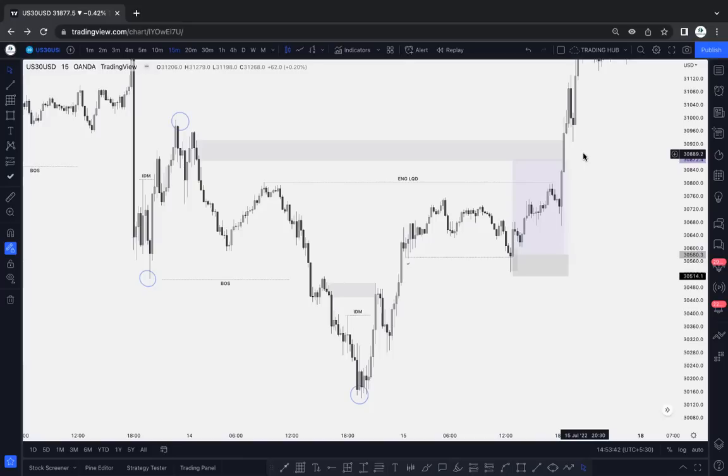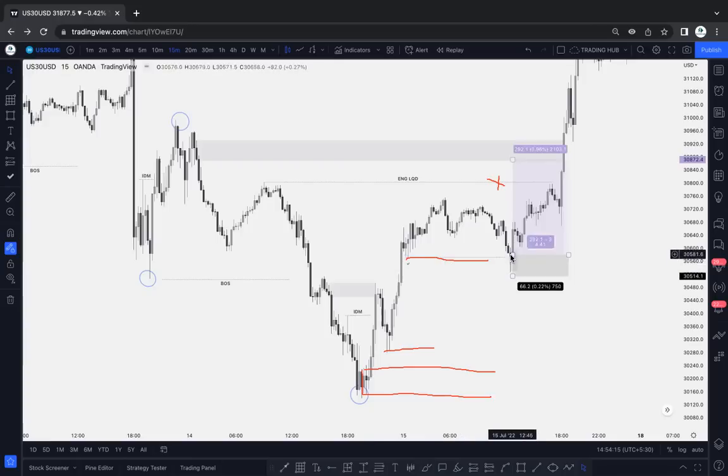I probably need to sweep this engineered liquidity. But if the price goes down, this is my engineered liquidity, and the order block is maybe this. Actually, at this point, this is our inducement.